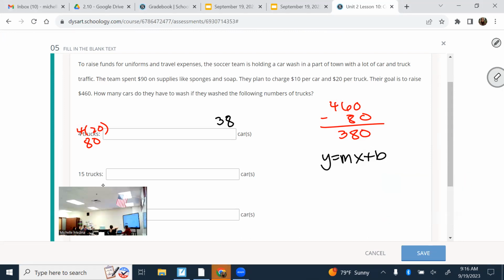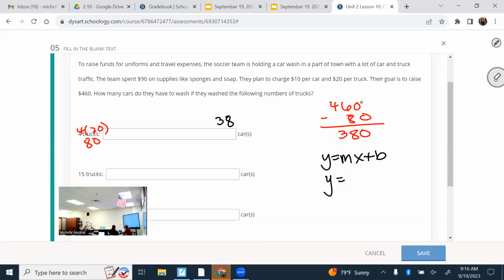So slope is always what it's changing by each time. So we're solving for the number of cars. Or let me actually put it in standard form. I feel like that would be easier. Maybe not.